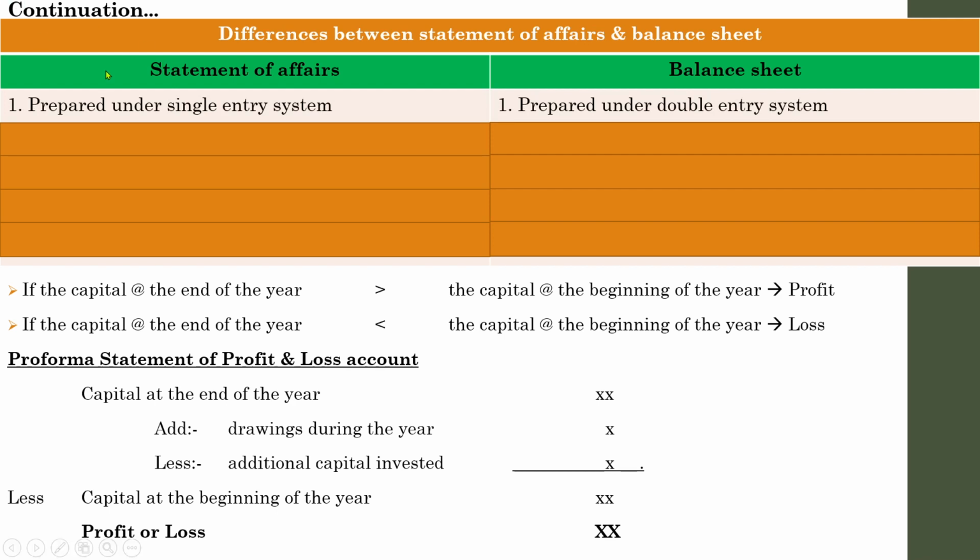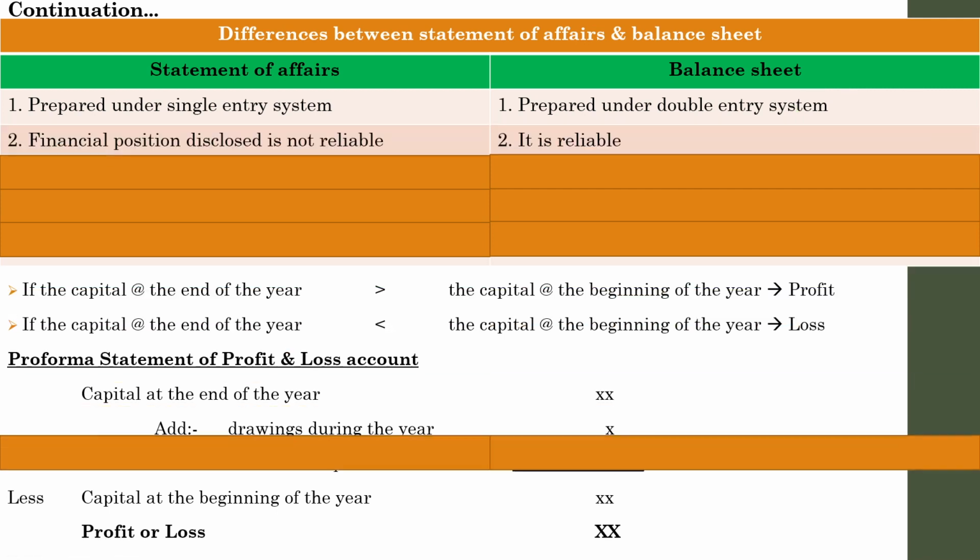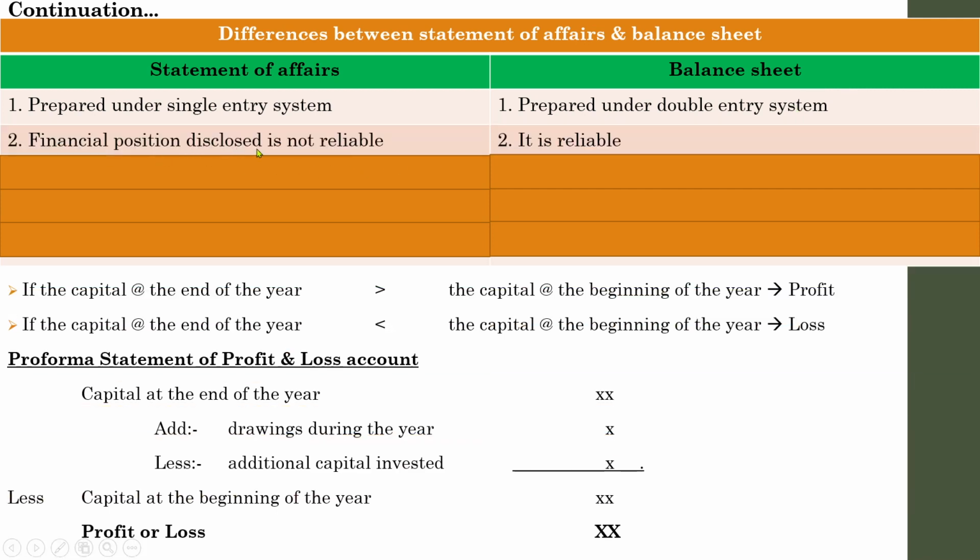The statement of affairs is prepared under a single entry system, whereas a balance sheet is prepared as per the double entry system. It's a very easy difference. Next one, financial position disclosed is not reliable. Yes, exactly. This statement is prepared in order to find the opening capital or closing capital during a financial period. So we cannot say that the statement of affairs depicts the financial position, because in your previous classes we have learned that balance sheet represents financial position.